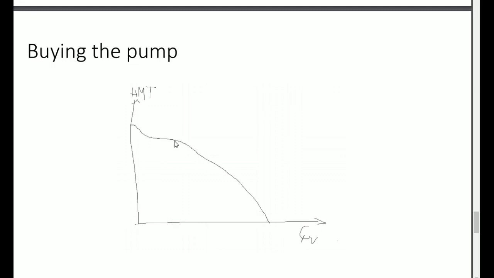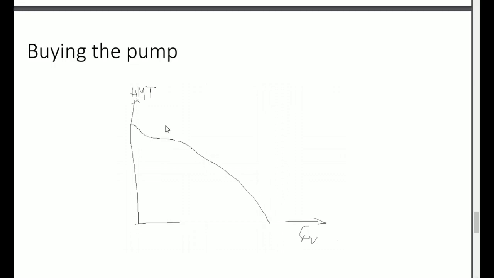And this represents where the pump can actually deal with the fluid, which means that if you stay at a certain QV, you'll end up with a certain HMT, and with a certain HMT, you'll end up with a certain QV. HMT as a function of QV is always decreasing.